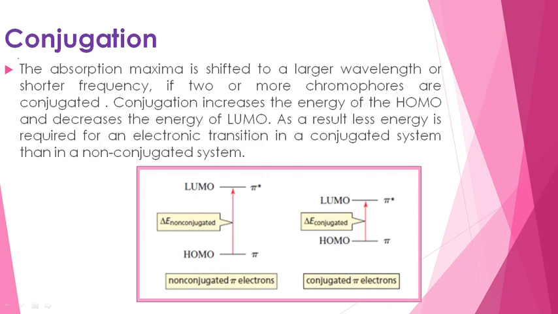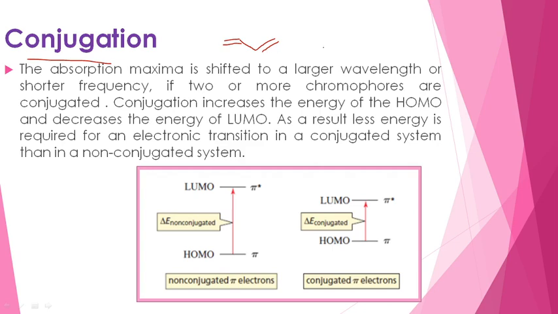The first one is conjugation. What does conjugation mean? When a double bond is adjacent to a single bond which is connected to another double bond, then we call this system conjugation.